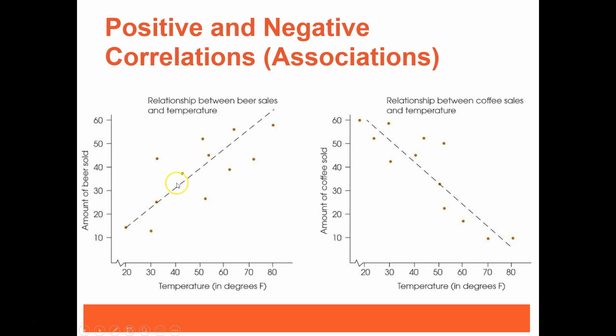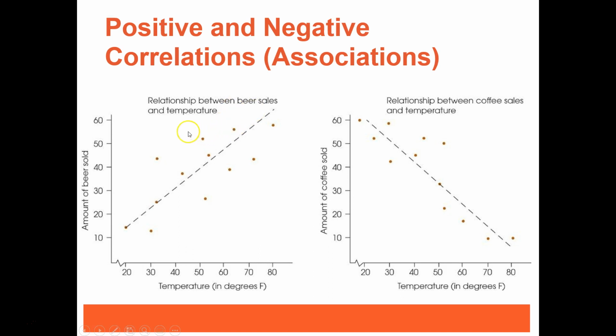So here's all our data points, and then this is a mathematical equation that basically gives us the line that is the best fitting line through our data points, meaning that it's the closest to all the data points. And if those data points are all very close to that line of best fit, that's a very strong association.